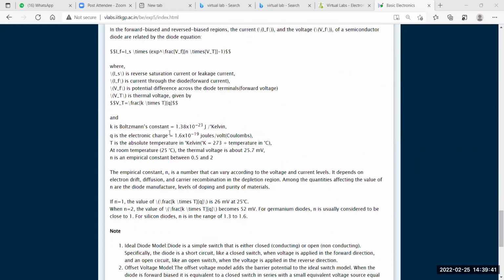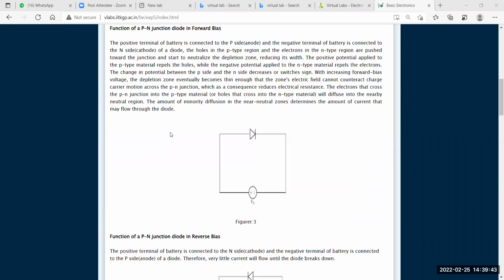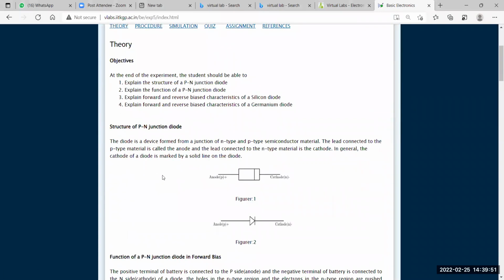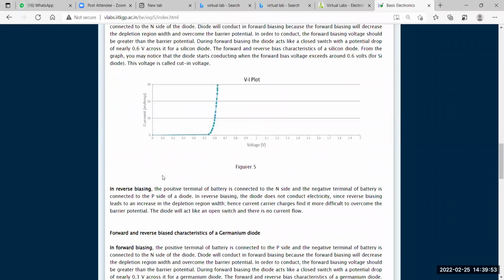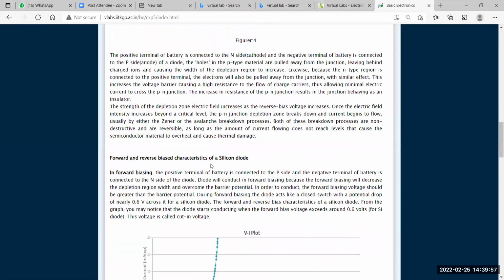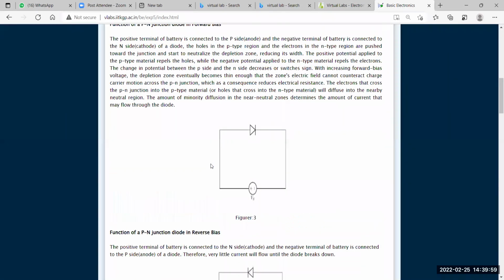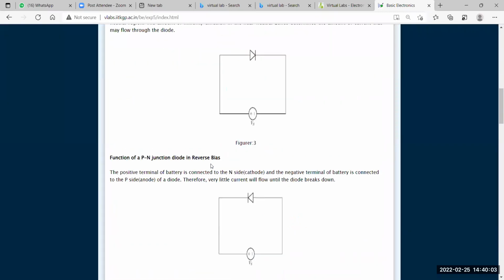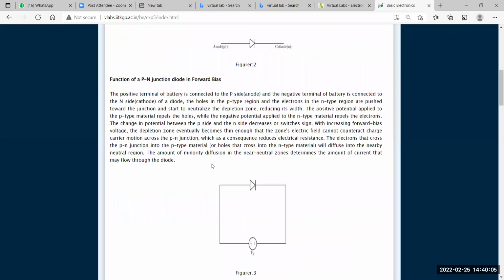This is the theory part of PN junction diode, and how to plot it. Here is the graphical symbol. This is a circuit diagram.